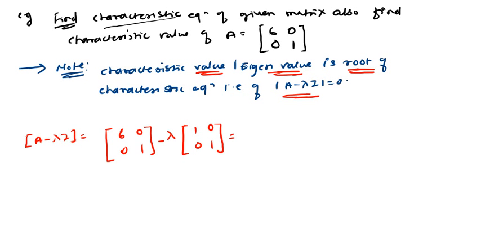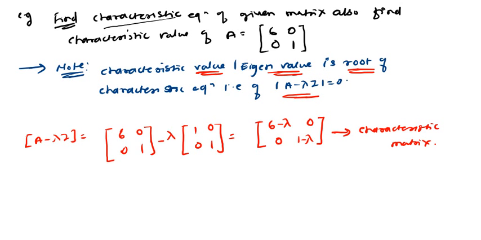Finally this will be 6 minus lambda, 0, 0, and 1 minus lambda. This will be our characteristic matrix. So using this characteristic matrix we can find the characteristic equation.